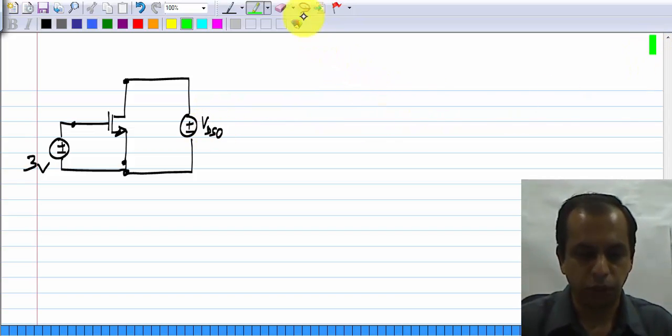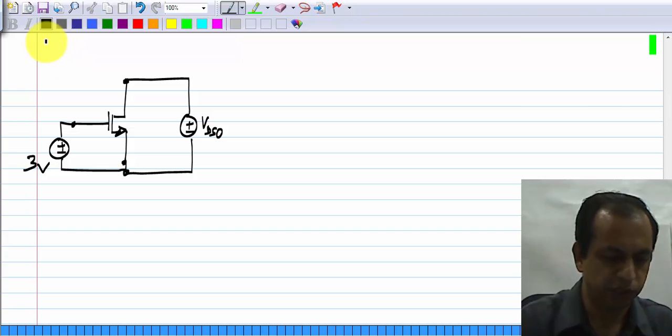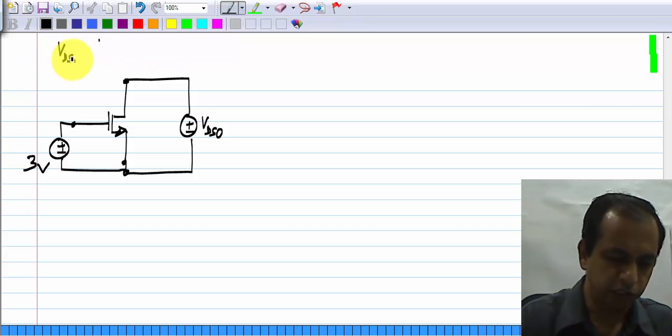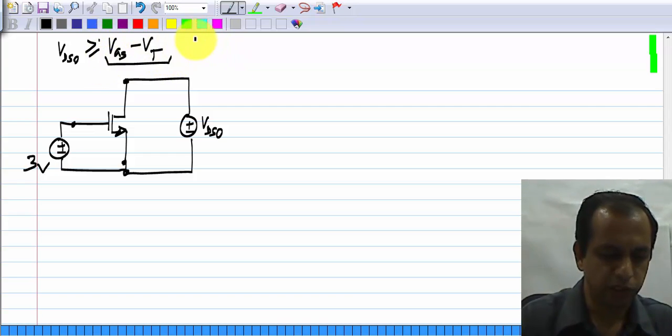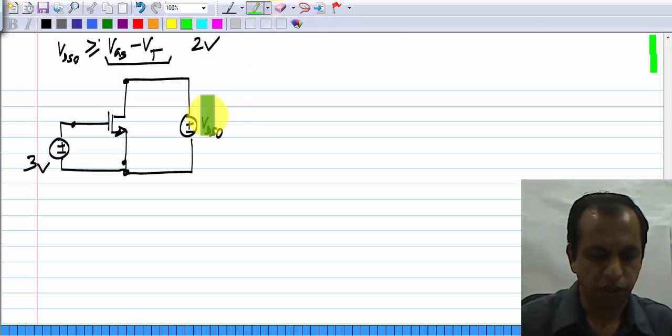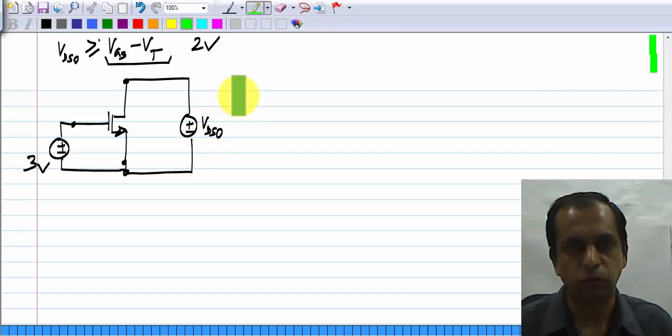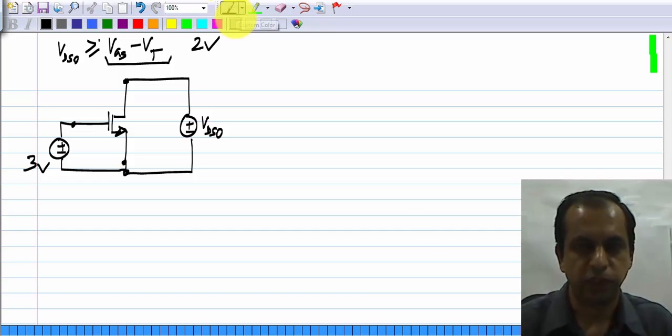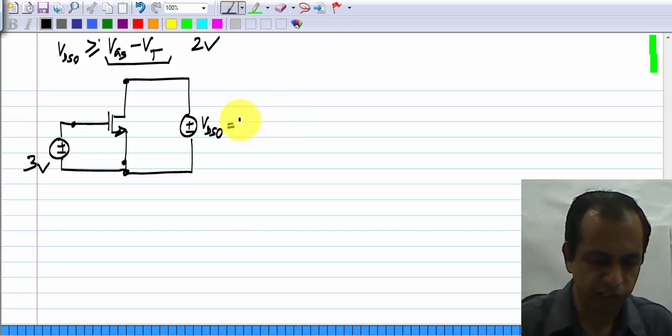What should that be? We know that the transistor has to be in saturation. So, VDS0 has to be greater than or equal to VGS minus VT, and this number is 2 volts. So, whatever this is, this has to be greater than 2 volts. And let me assume, just for the sake of illustration, that this is 3 volts also.